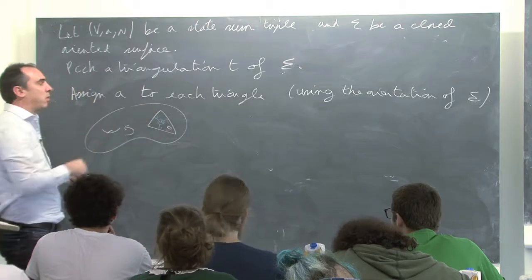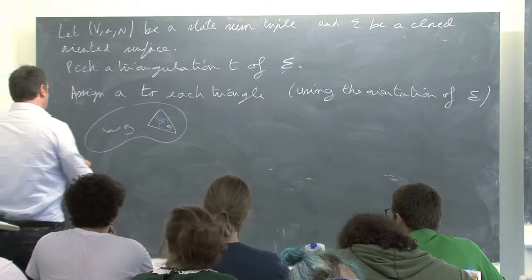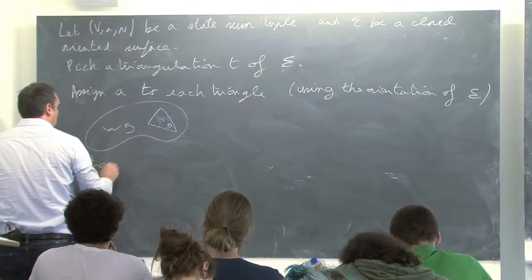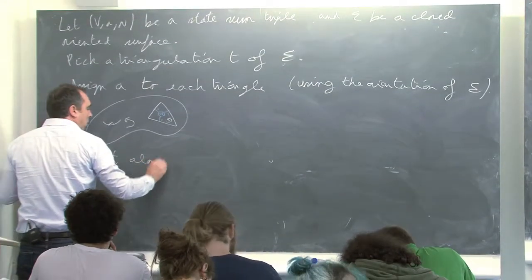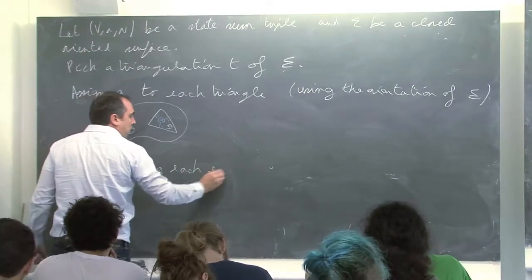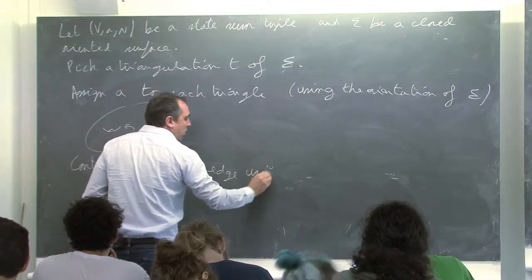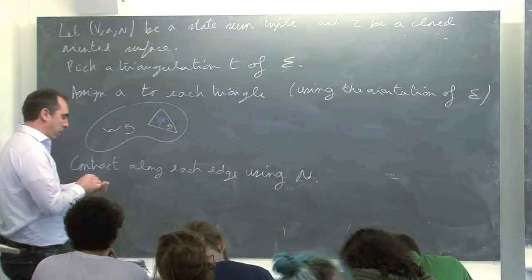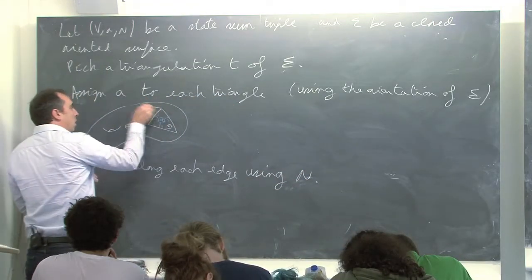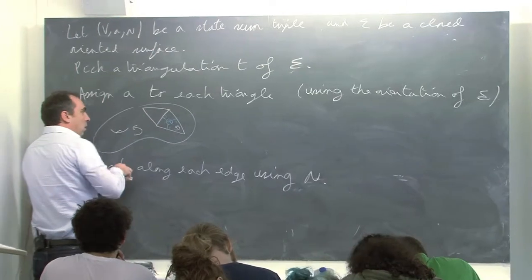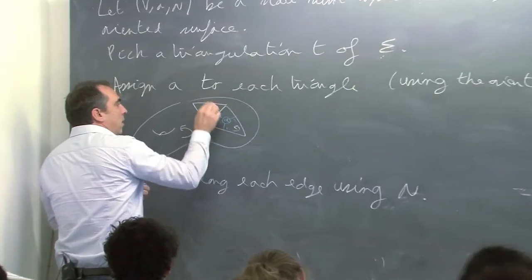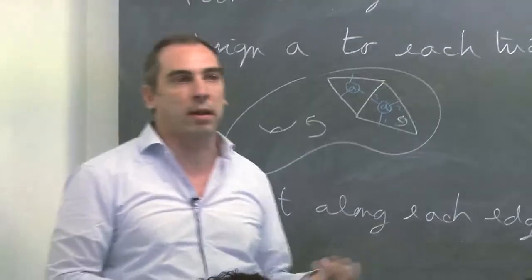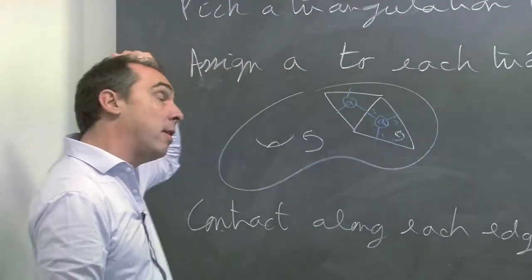We follow the orientation. And now you contract along each edge using μ. So see, each edge is adjacent to two triangles because the surface has no boundary.